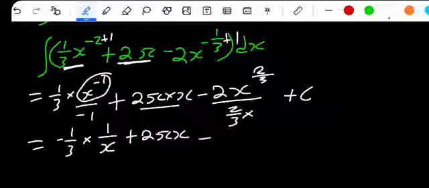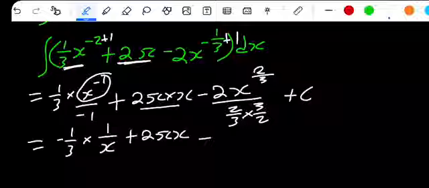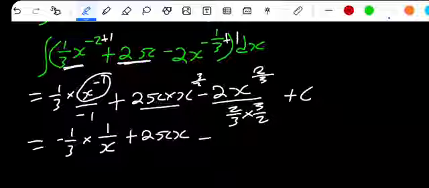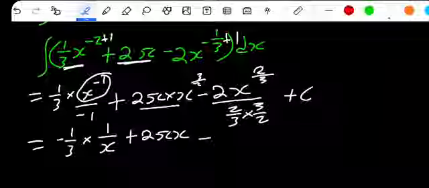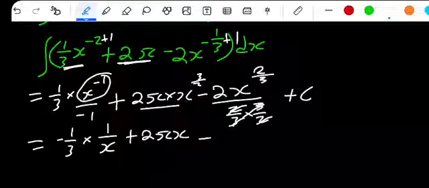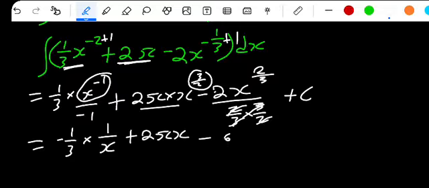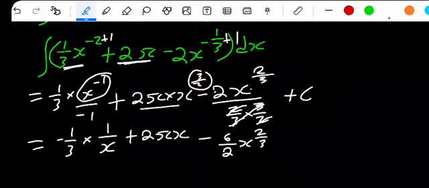I can multiply by 3 over 2 on the bottom, also on the top there. This I multiply there will be 3 over 2 multiplied by 2, which will simply have 6 over 2, multiplied by 2 over 3, plus our constant c.